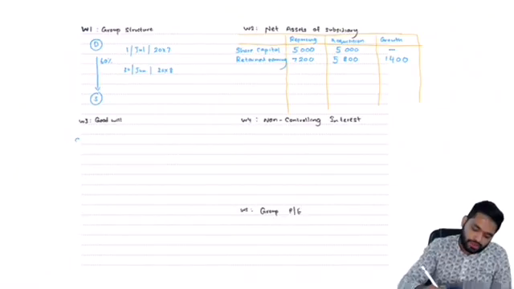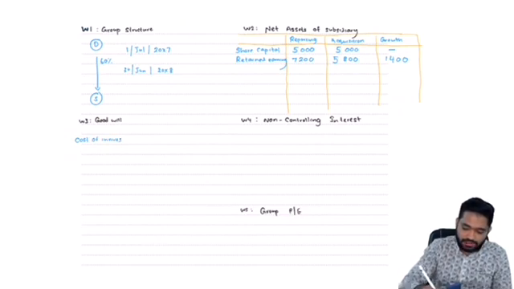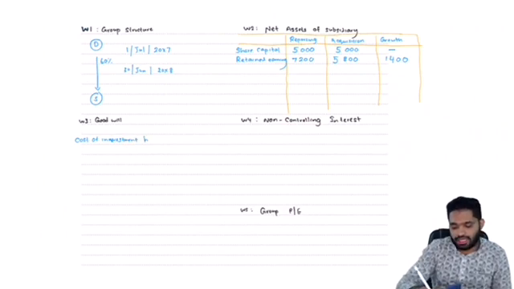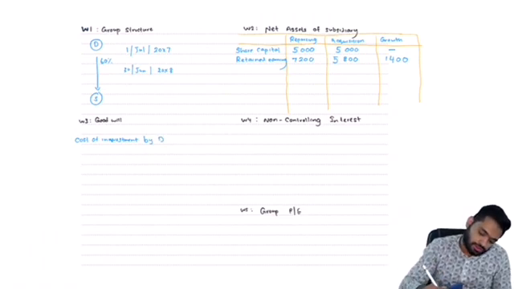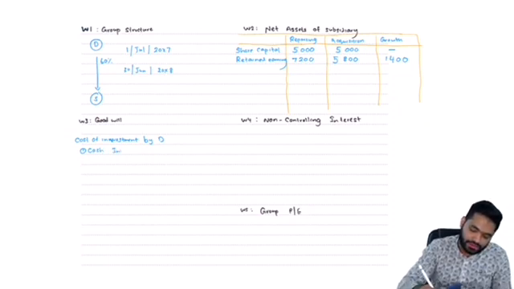Okay, so we need to calculate the cost of the investment by the parent. First we have the cash consideration, the cash investment.